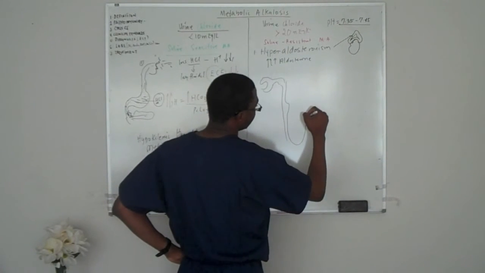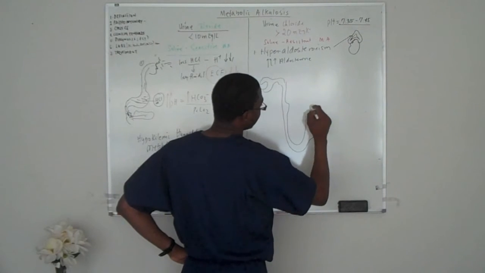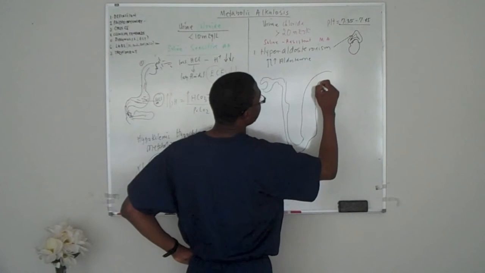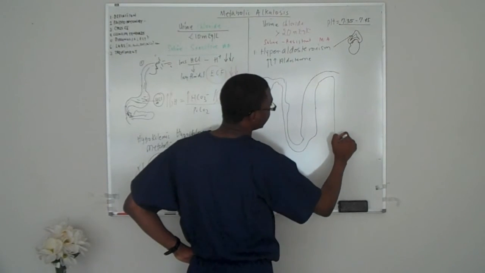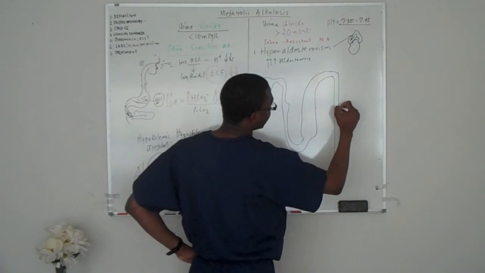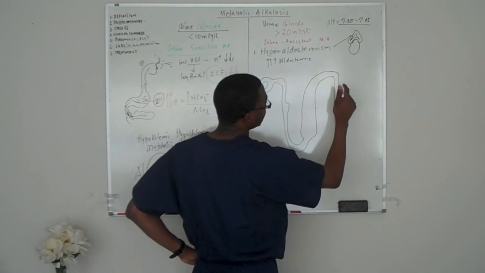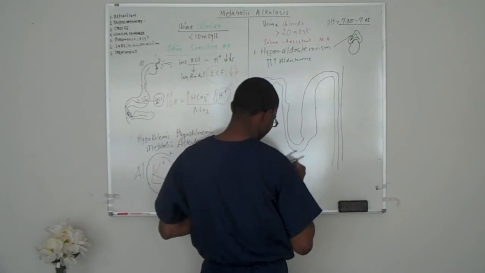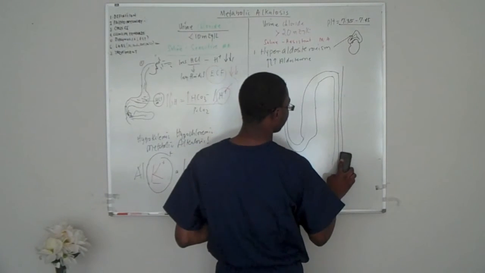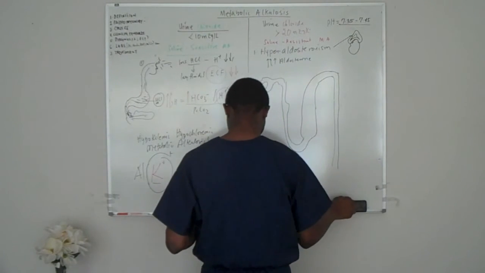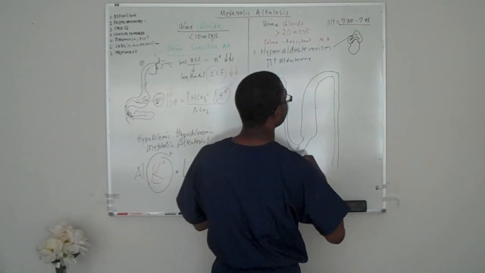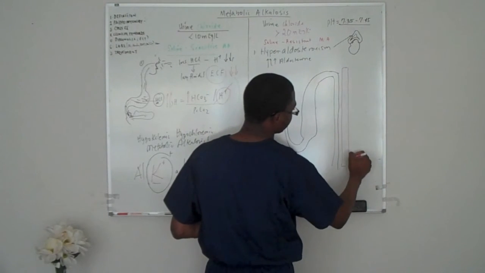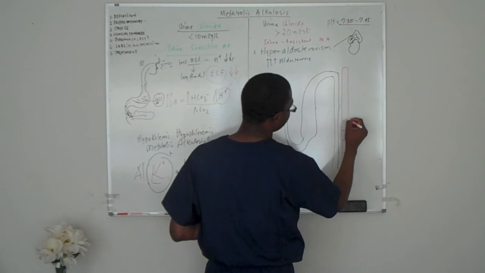And you go into the thick ascending loop of Henle, and eventually you go here, and then you come down to the distal tubule. Then you have the collecting duct. And remember, there's a bunch of tubules here. To make it a little bit more colorful, we're going to use some nice color. Let's use pink for the tubules. These are the renal tubule cells.